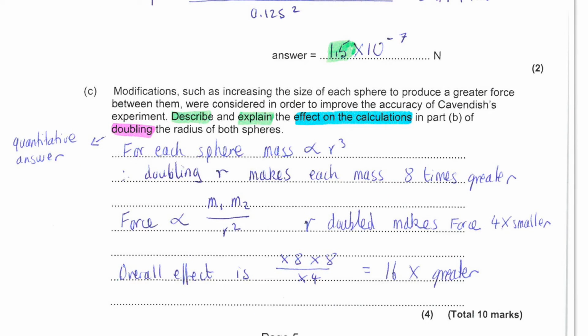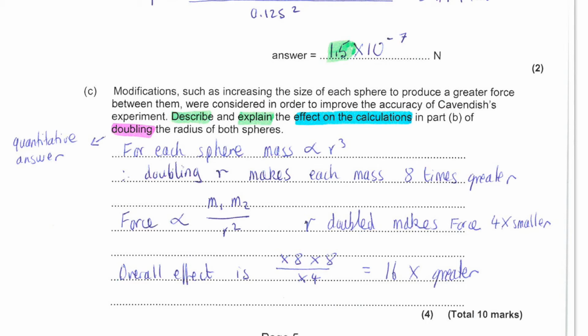Finally, you're asked to consider modifications, such as increasing the size of each sphere. It is suggested that this was considered to produce a greater force between them and to improve the accuracy of Cavendish's experiment. So describe and explain the effect on the calculations in part B of doubling the radius of both spheres.